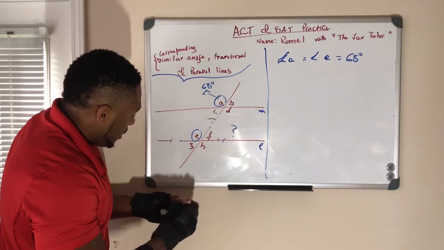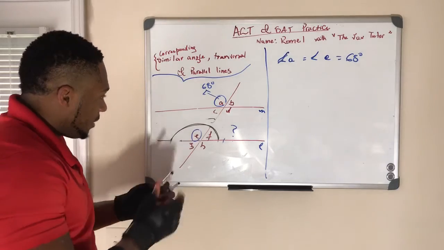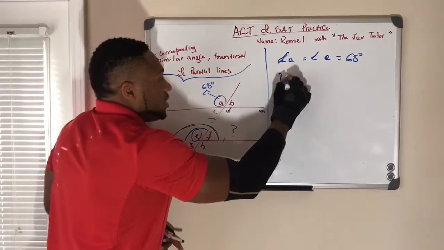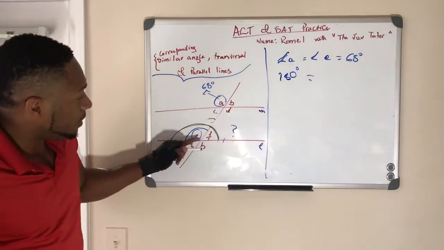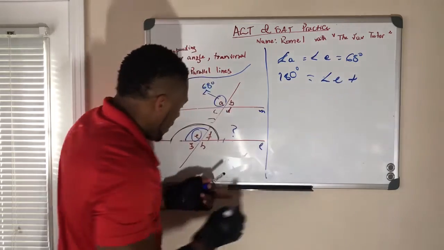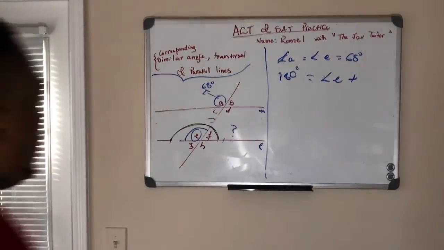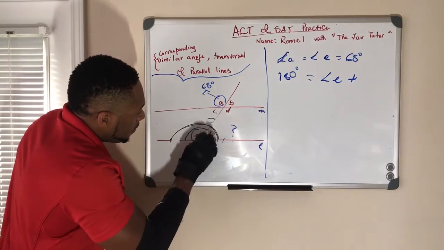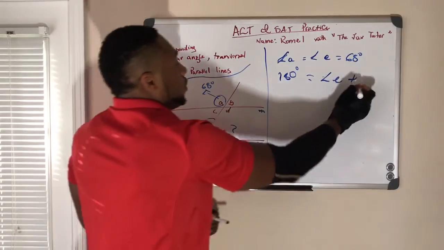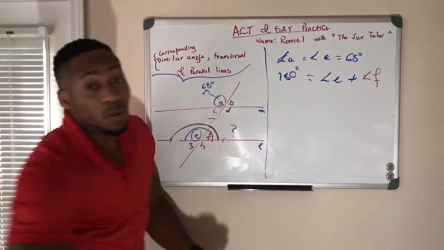So this whole angle in black, which is 180 degrees, is made up by this little piece in blue, which is angle E, plus this little piece in red, which is angle F, and which is what we're looking for, by the way.